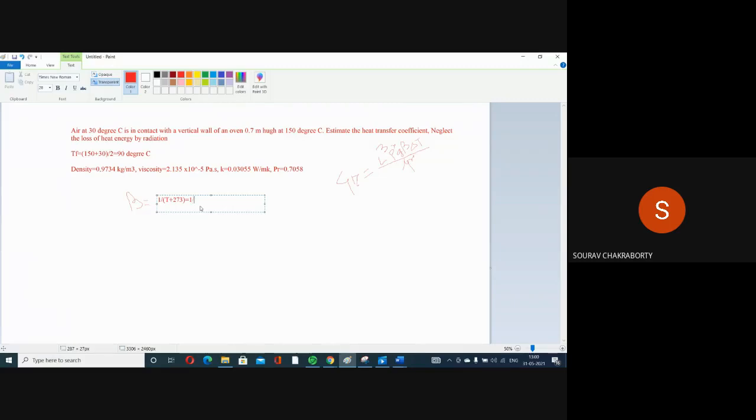So 1 by 90 plus 273. It will give you the value equal to 2.75 into 10 to the power minus 3 Kelvin to the power minus 1.